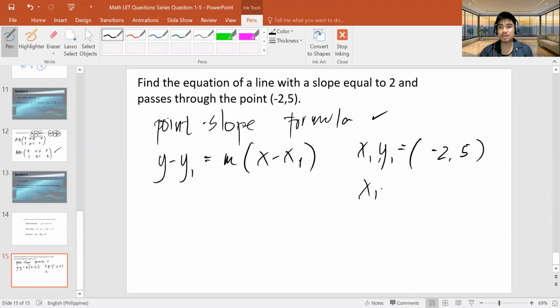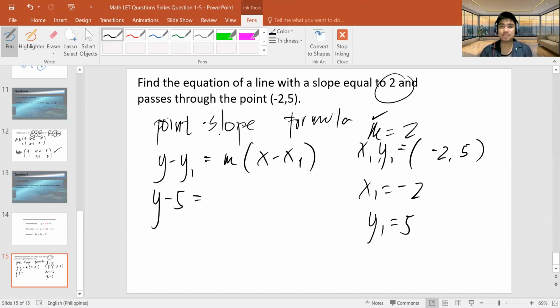So we have x sub 1 is equal to negative 2 and then y sub 1 is equal to 5. So y minus 5 is equal to, our slope is equal to 2, so 2 times x minus negative 2. So, dalawang subtraction, magiging addition.